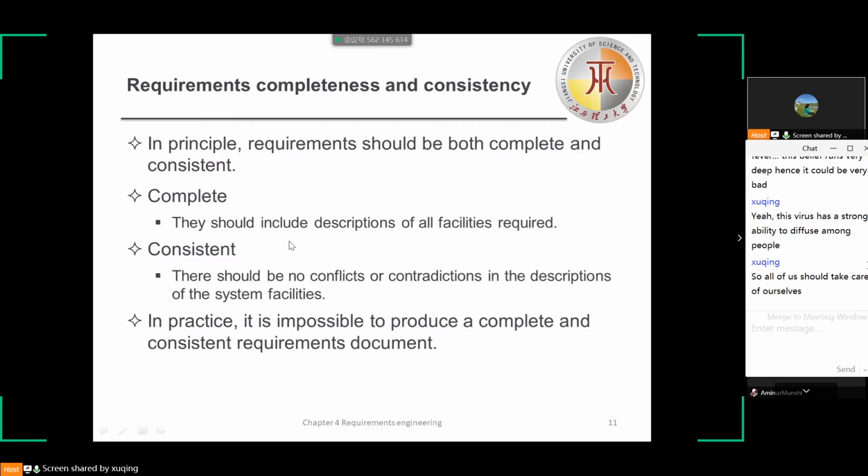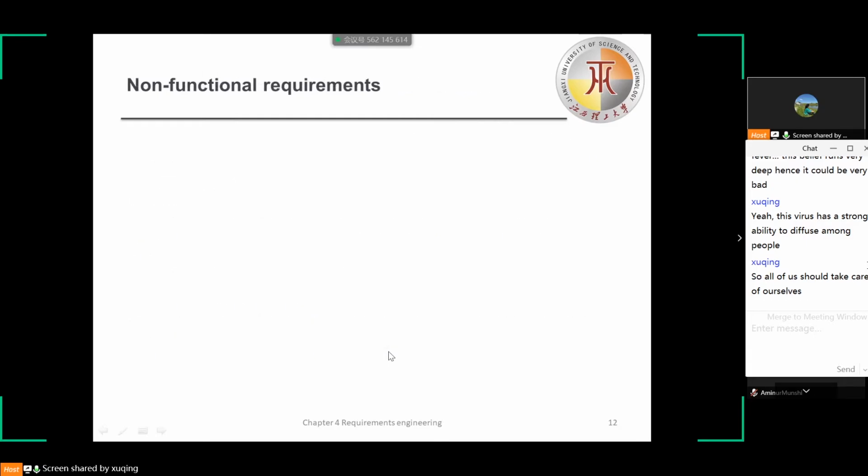So these inconsistent requirements are included in the specification, and these problems may only emerge after deeper analysis or after the system has been delivered to the customer. That's why, in practice, it is impossible to produce a complete and consistent requirements document at first, especially for large, complex systems.